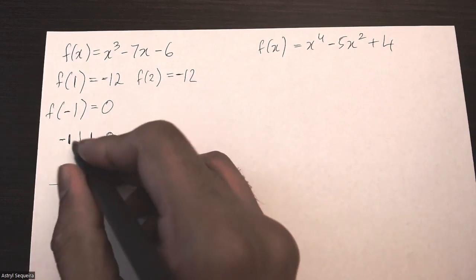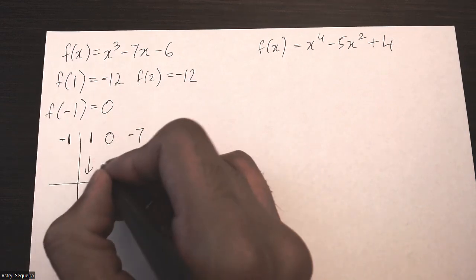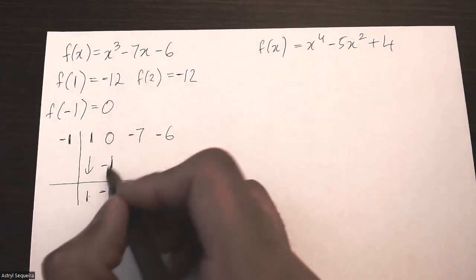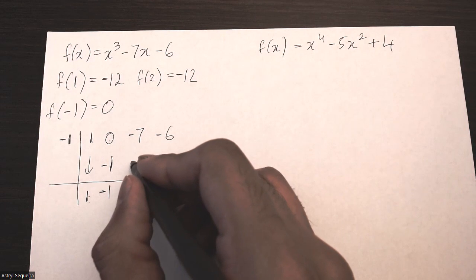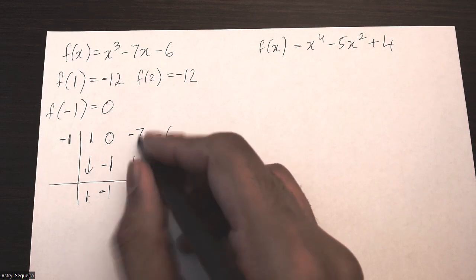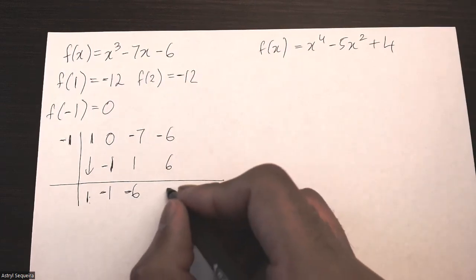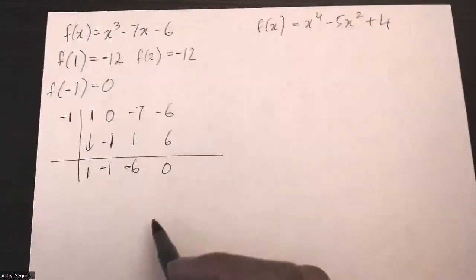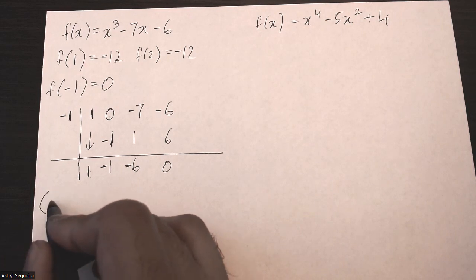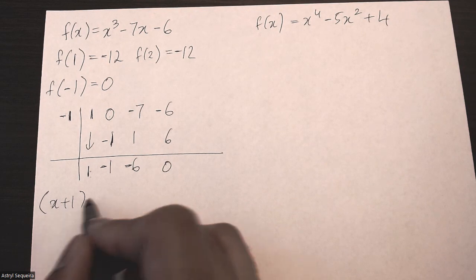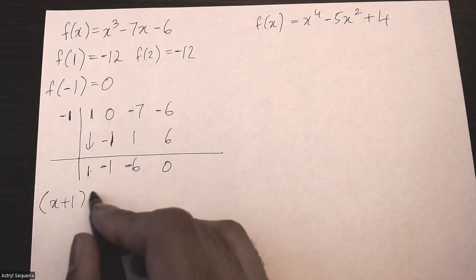Going to bring the 1 down, multiply these two terms over here, add these two, multiply these two, add these two, multiply these two, and get my remainder as 0, so I know all my steps are correct. So if I write this down, that's going to be x plus 1, because the solution to x plus 1 is -1.